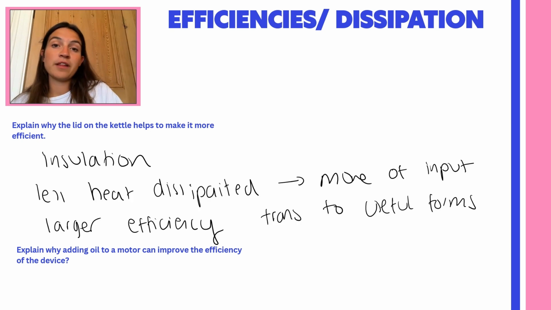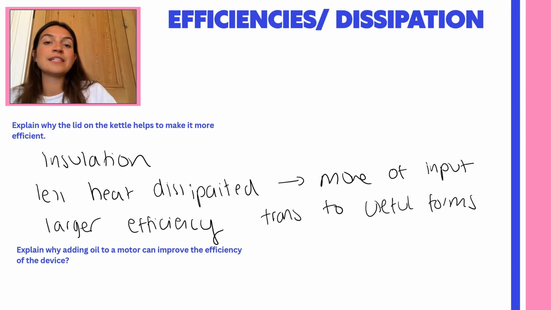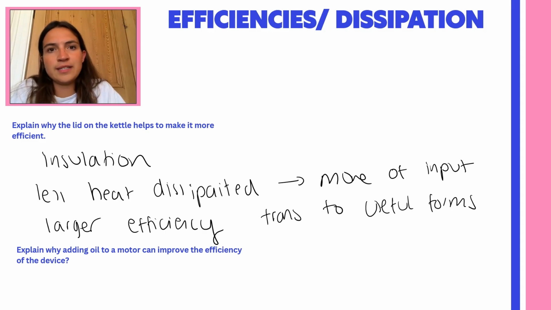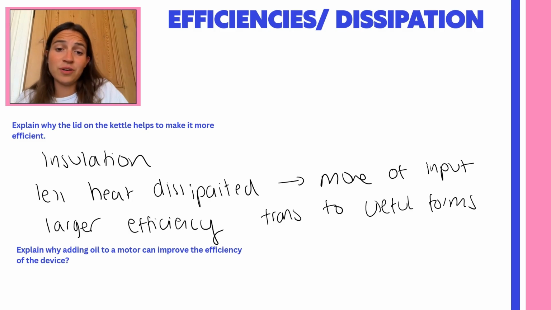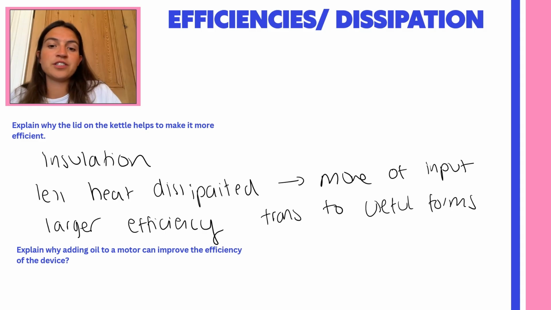So you can talk about the fact that insulating something means that less heat will be dissipated to the surroundings, and it's a really good idea to write the word dissipated in your answers about efficiency, which therefore means that more of the inputted energy into your kettle can be transferred to useful forms.